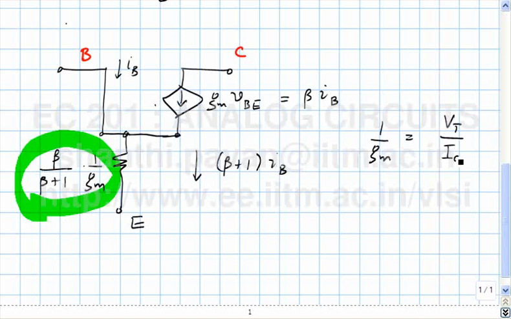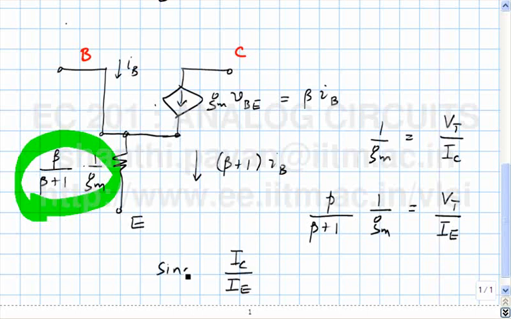So can you think of a neat relation for this quantity? Vt by the quiescent emitter current, because IC by IE is beta by beta plus 1.